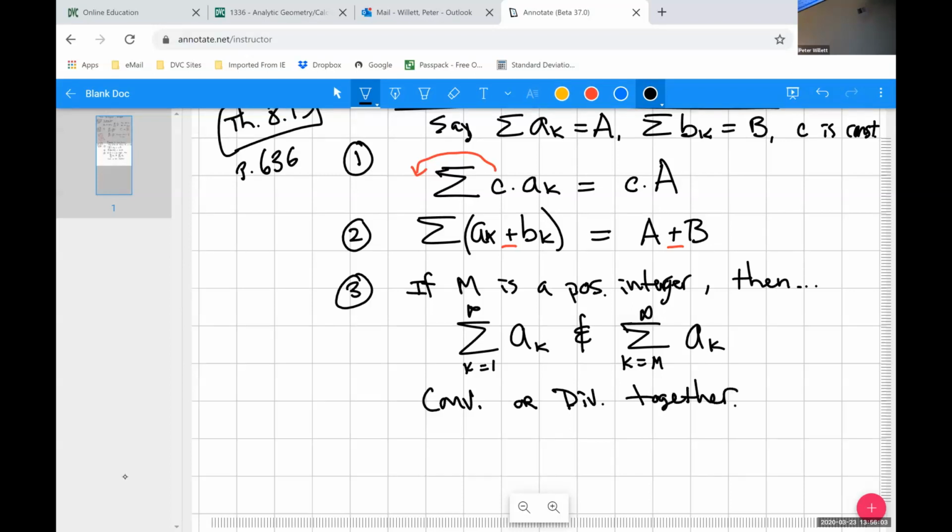Meaning they either both converge or they both diverge. So what is this saying?